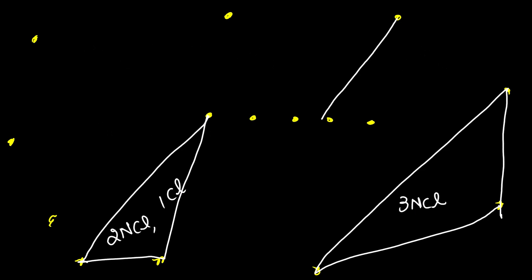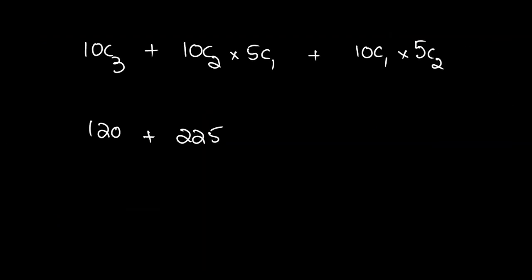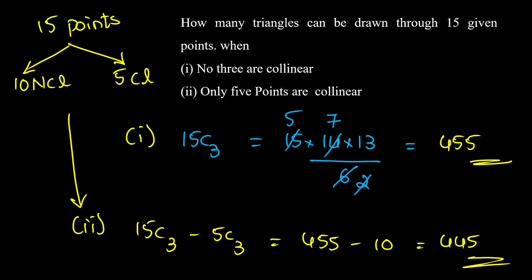I taken 2 points from this, 1 non-collinear, 2 from collinear. Still a triangle can be formed. Right. So that's 10C1 is 10, 5C2 is 10, so 100. 100 plus 120 is 220, 220 plus 225, 445. That's what you got as the answer already, 445.